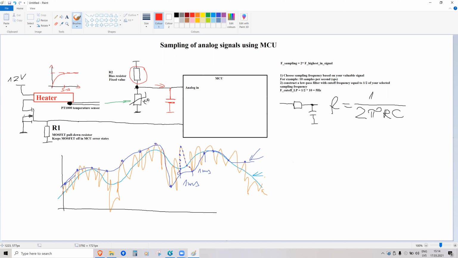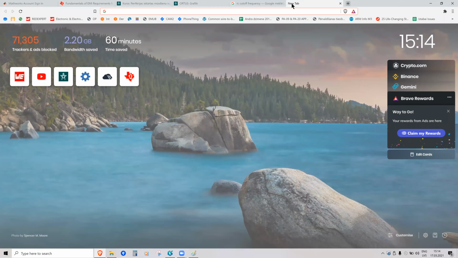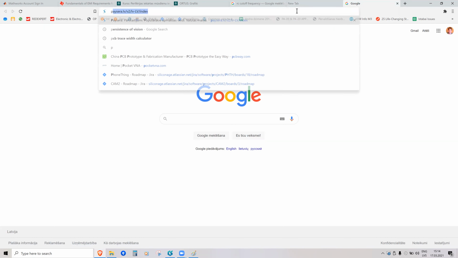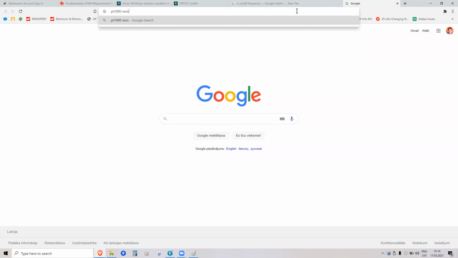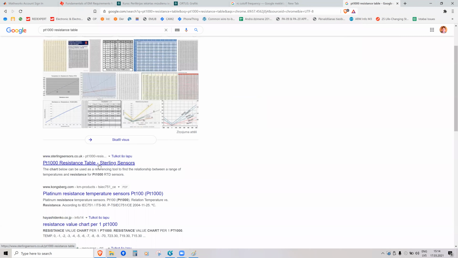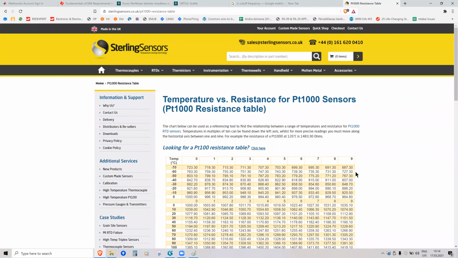First, let's calculate the resistor in this example. So the bottom resistor is 1 kilo ohm at room temperature, and this heater will, for example, heat up to no more than, let's say, 100 degrees Celsius. So we can go on the internet and find the PT1000 resistance table. PT1000 is a resistor which is standardized, and it doesn't matter who produces it.